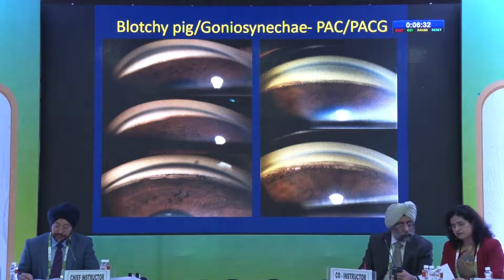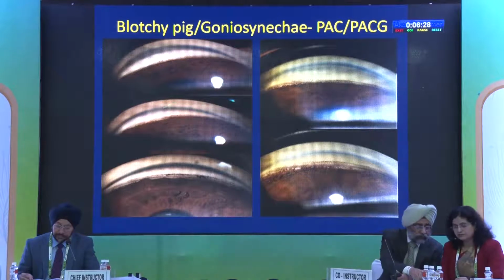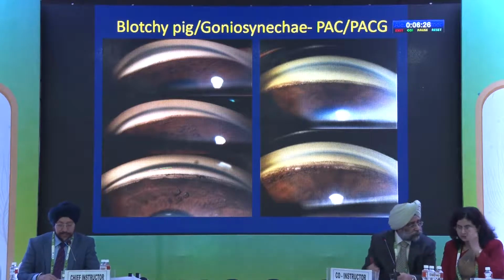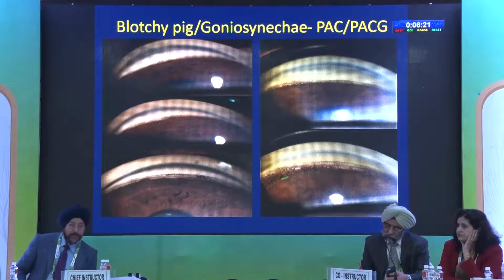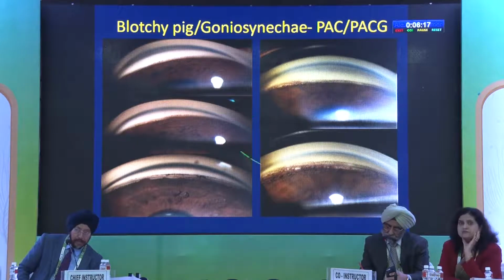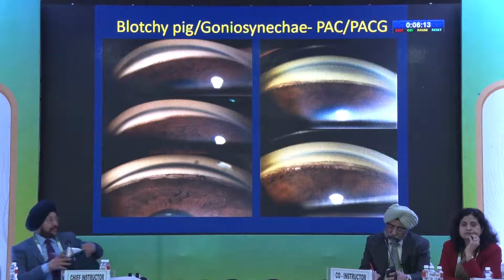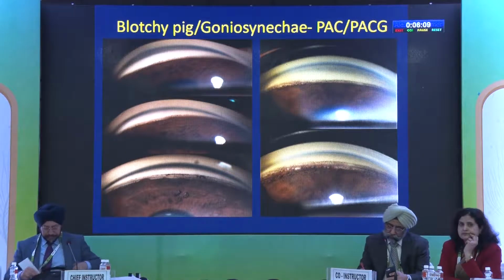You might be able to see that the iris is partly stuck at the trabecular meshwork. You might be able to see some goniosynechiae like in this case, or some small goniosynechiae and blotchy pigmentations. This can be present in primary angle closure or primary angle closure disease, which warrants that a YAG PI must be done in these cases.